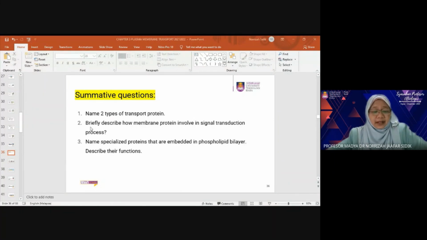The second one is: briefly describe how membrane proteins are involved in the signal transduction process. And the third one is: name the specialized proteins that are embedded in the phospholipid bilayer and describe their functions. This is the last slide of part 2.